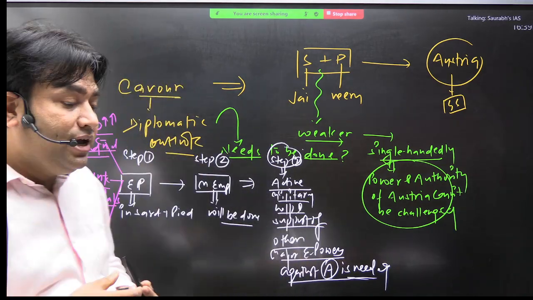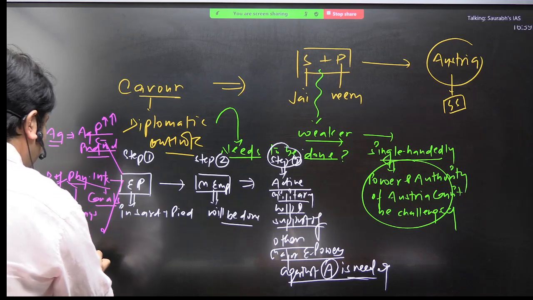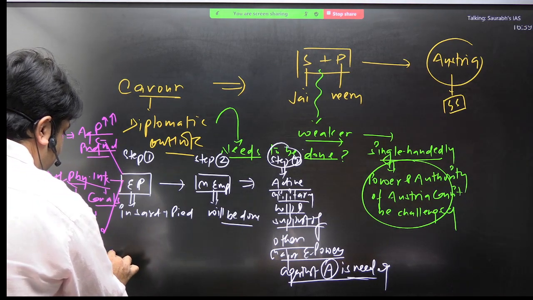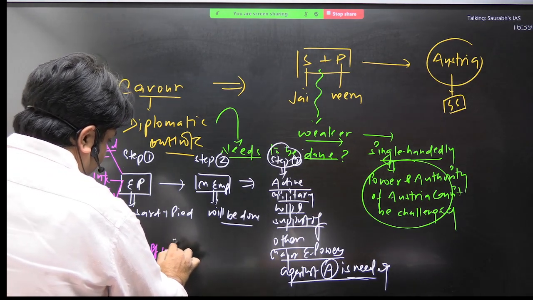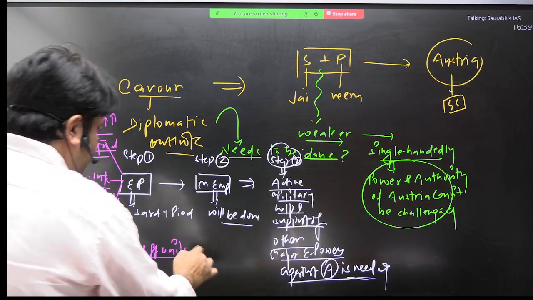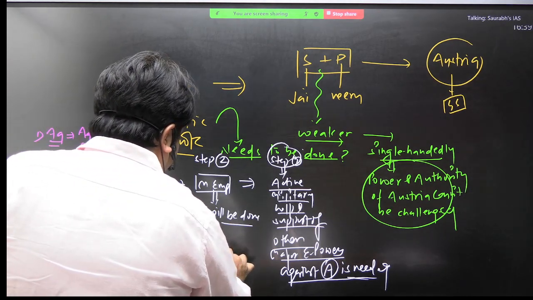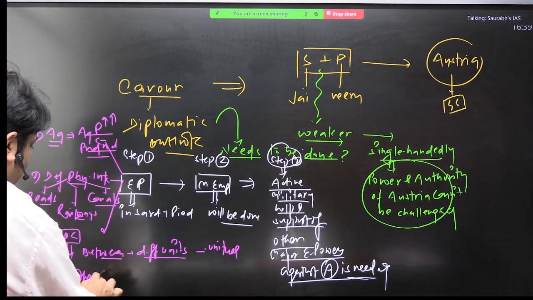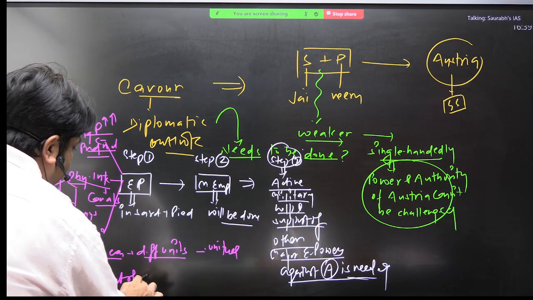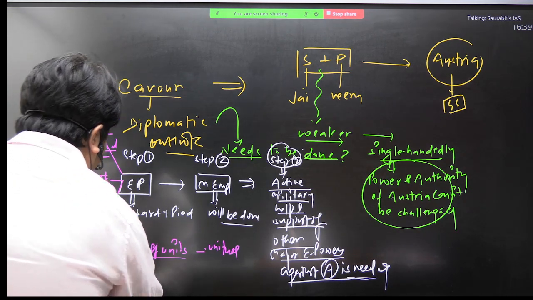So this is the idea that promoting trade and commerce between different units which will later be unified. And the next important point is promoting trade and commerce with other major countries of Europe.